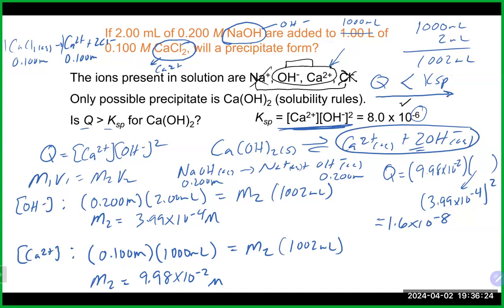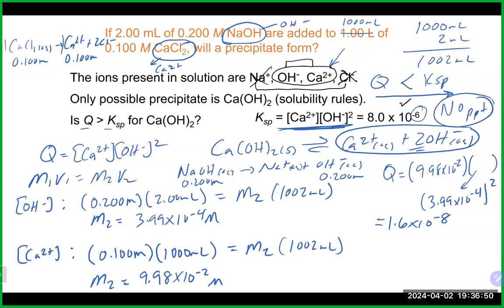Should we expect to precipitate in this case? The answer is no precipitate, because Q is less than the KSP. So this is a demonstration that although solubility rules tell us that if we throw these together we should get a solid, because the concentration of our ions is not correct to allow us to see the solid, we will not get the solid to form.